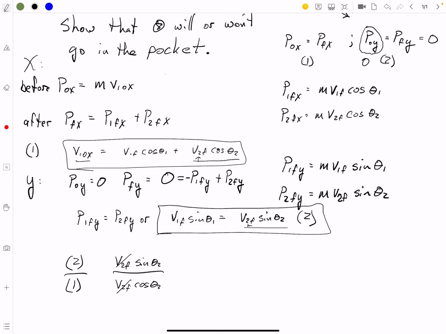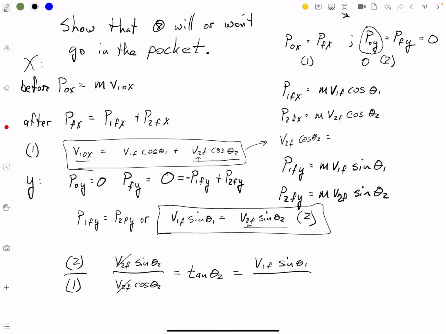That's going to cancel with that, and we're going to be left with the tangent of theta 2. Nice. What do we have on the other side of our equations? So we're dividing 2 by 1, so we've got v1 final sine of theta 1 over... Now, we had to solve number 1. So let's solve number 1 for v2 final cosine theta 2.